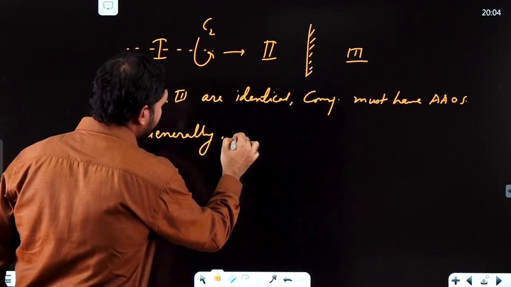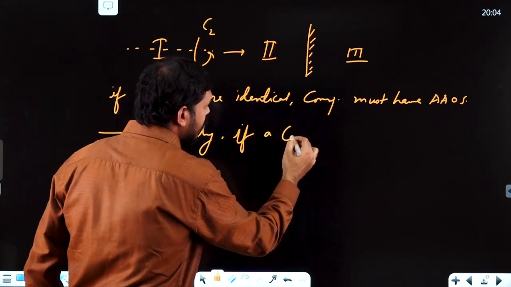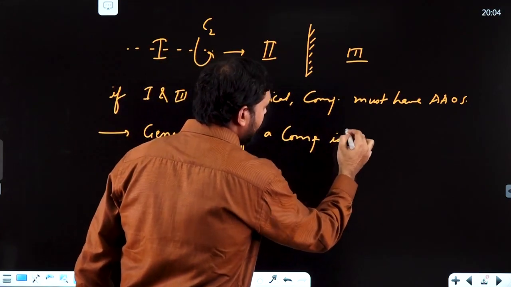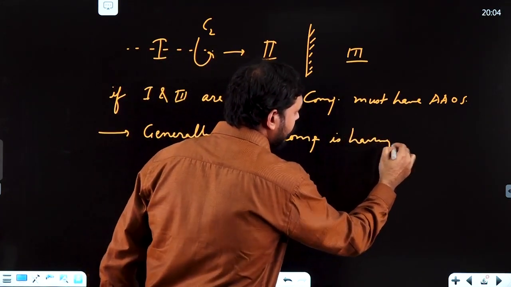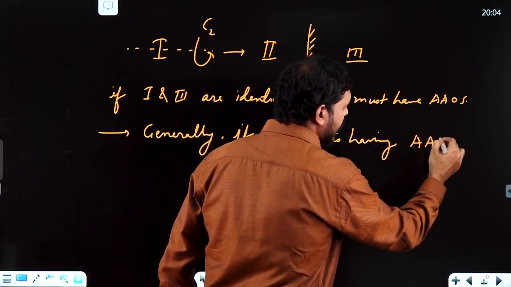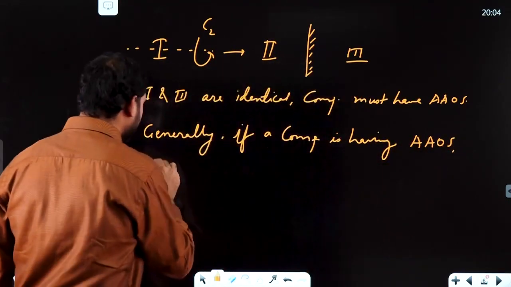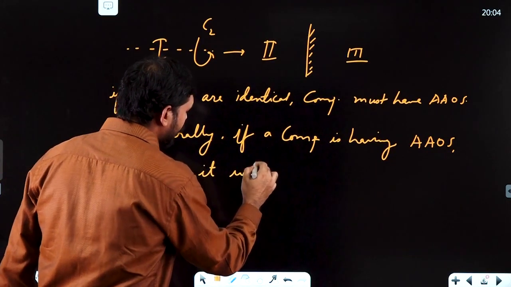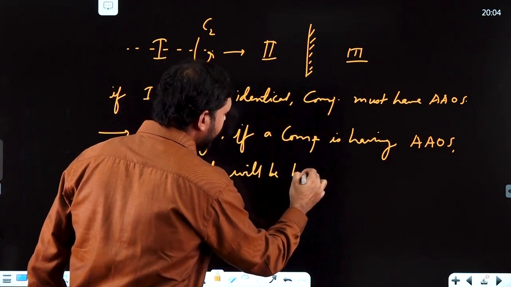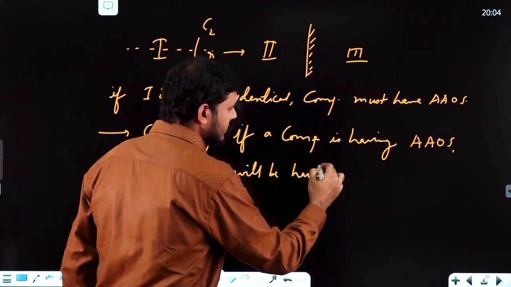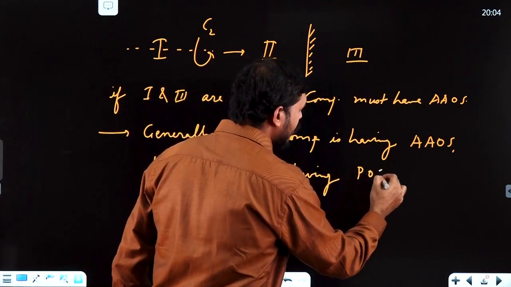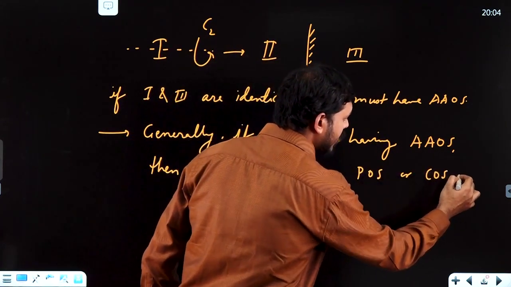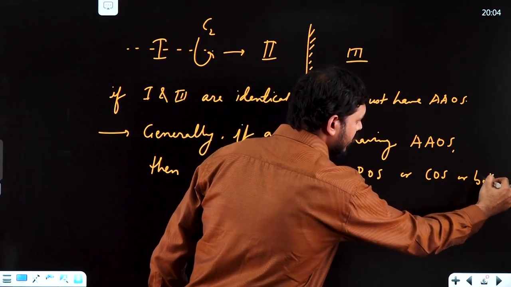Generally, if a compound is having AAOS, then it will be having POS or COS or both.